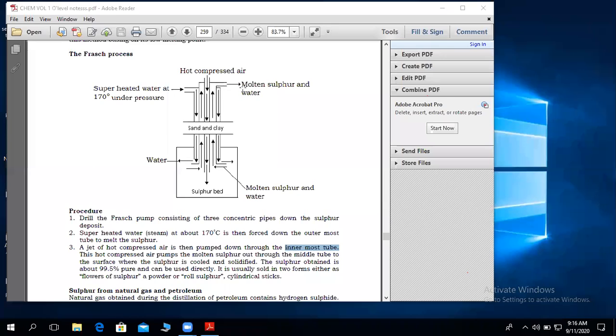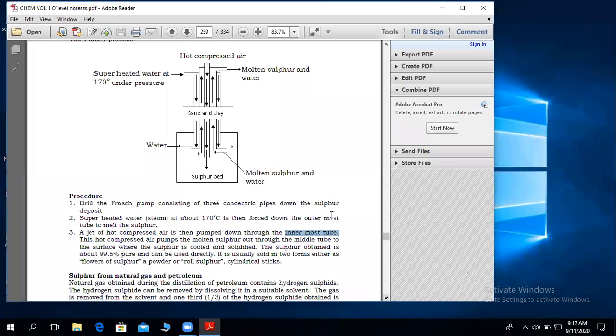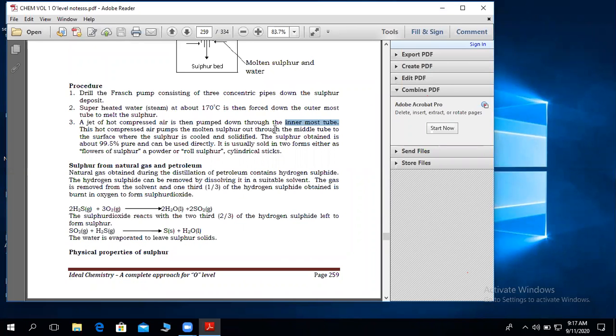This one is the middle pipe. It goes like this, like that. So that's where the melted sulfur comes out from. And when the molten sulfur comes out, it is going to be collected and processed. It comes out as a liquid.